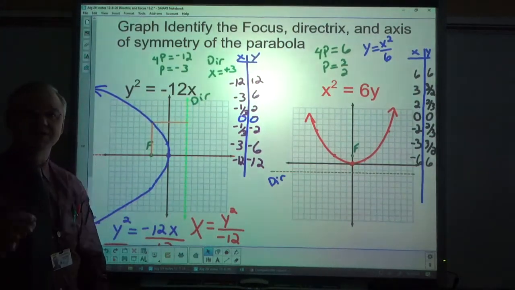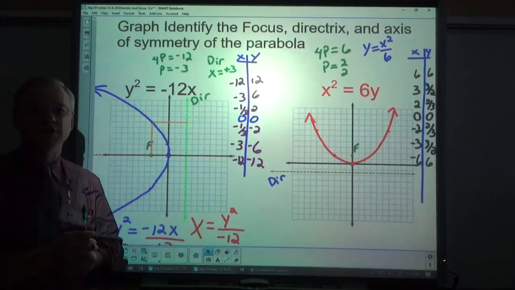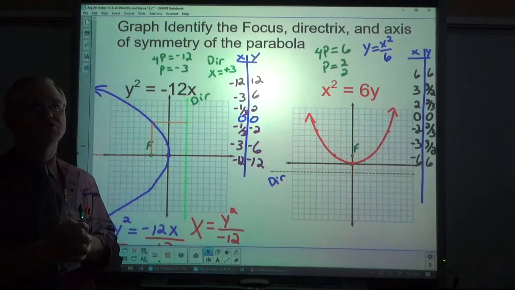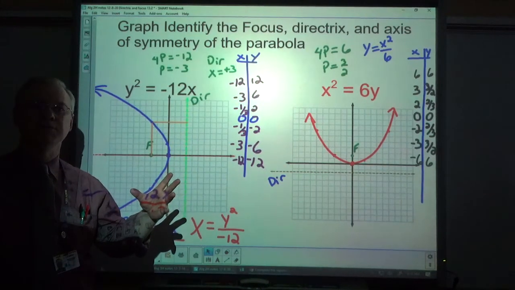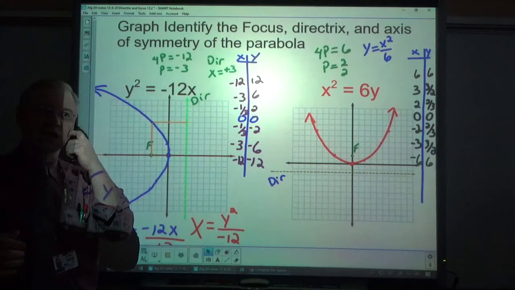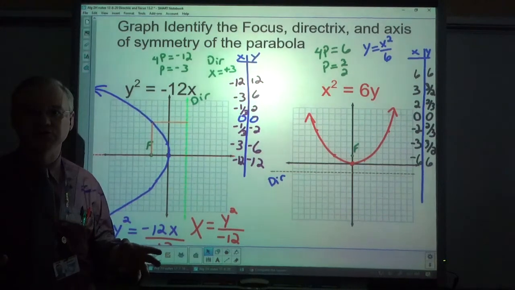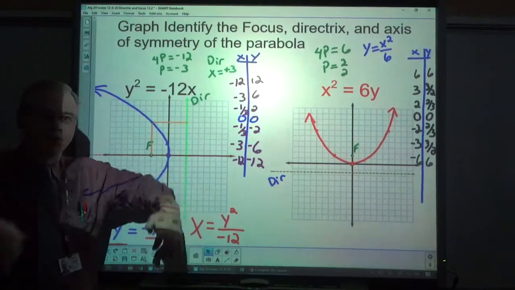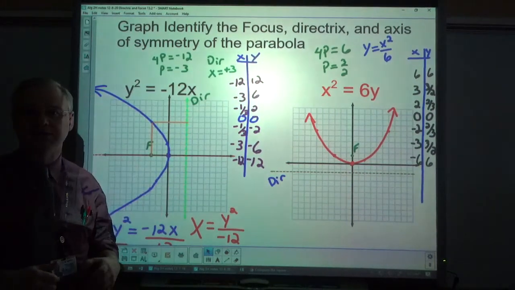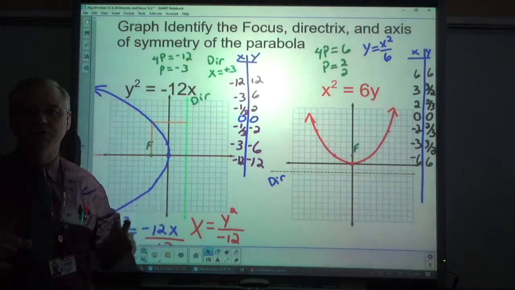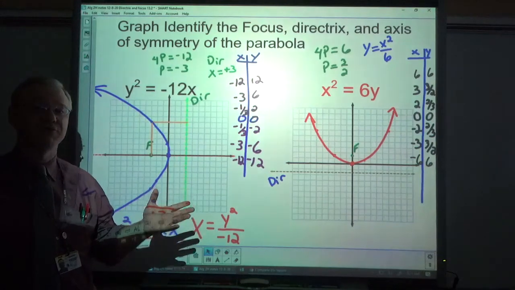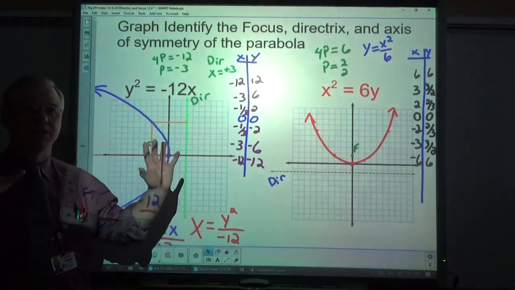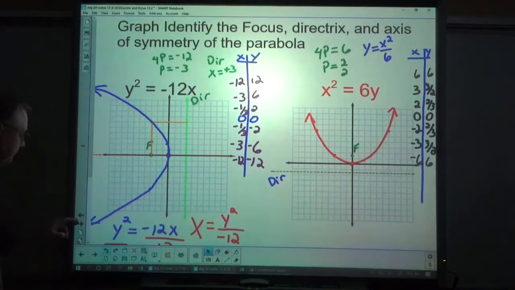The same thing happens with all of those solar arrays that they make for heat production, usually out in the desert somewhere. All the mirrors are aimed at that focal point, and they're parabolic mirrors. They're not flat, they're slightly curved, and they're all focused at that point.